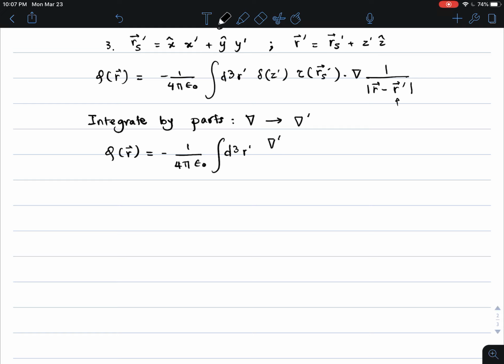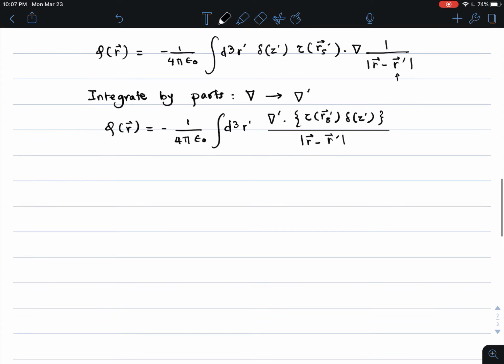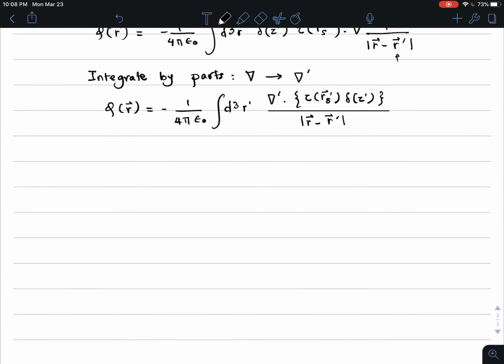All that is left now is the del prime operator applied on the product of the tau and the delta function, because they are both functions of the prime coordinates, and the derivative now is applied to the prime coordinates. The denominator stays the same, so there is no change there.